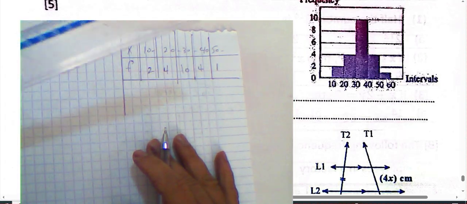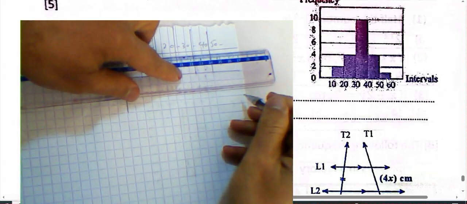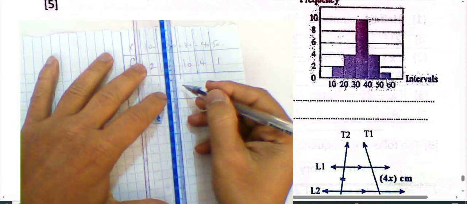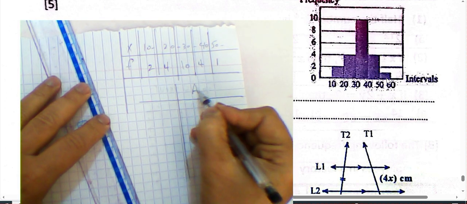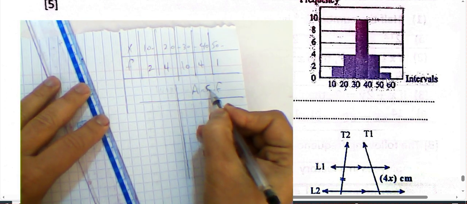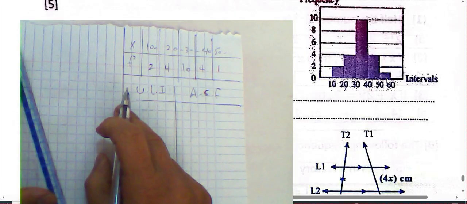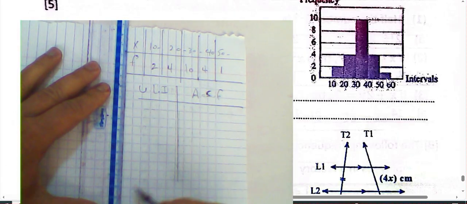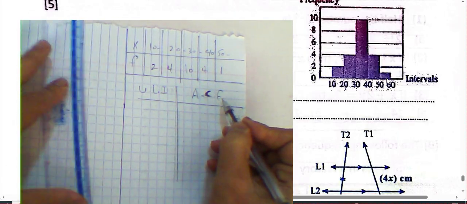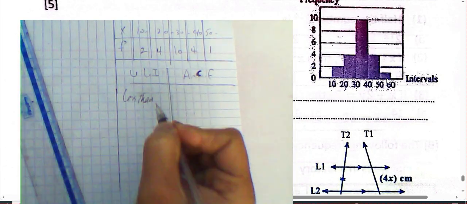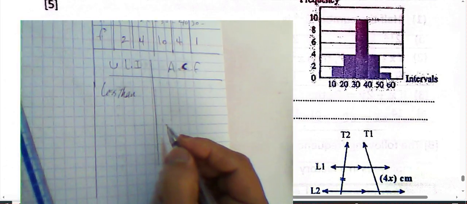We can draw the ascending cumulative frequency and upper limits of intervals. Ascending cumulative frequency right here, less than. First step, write less than with me.